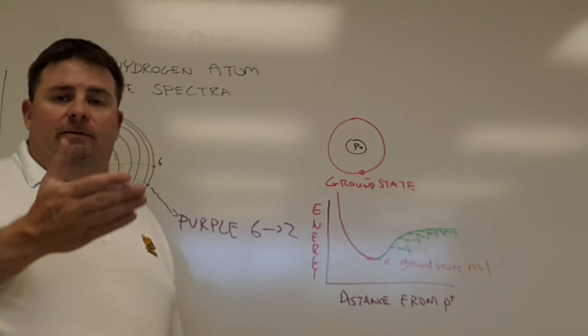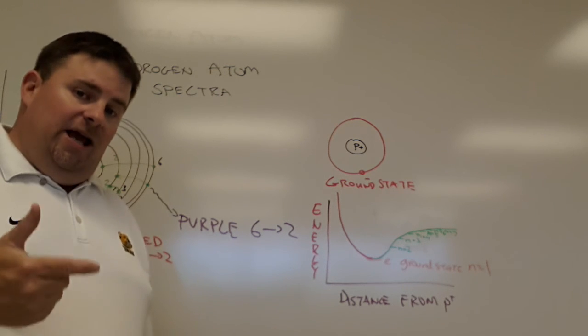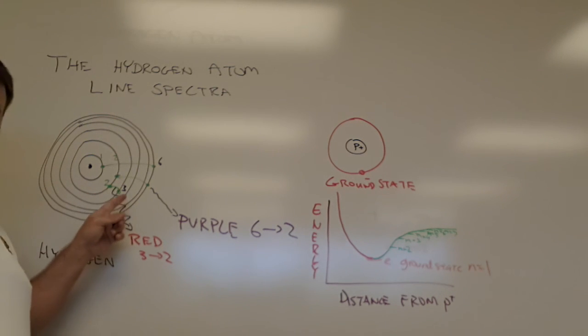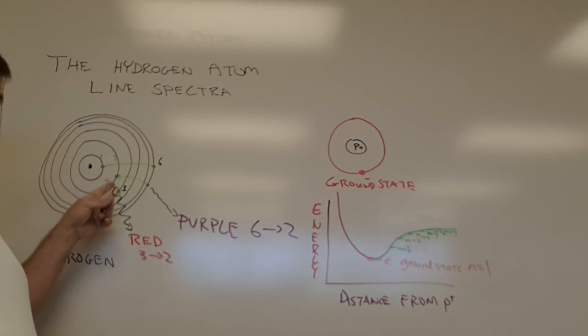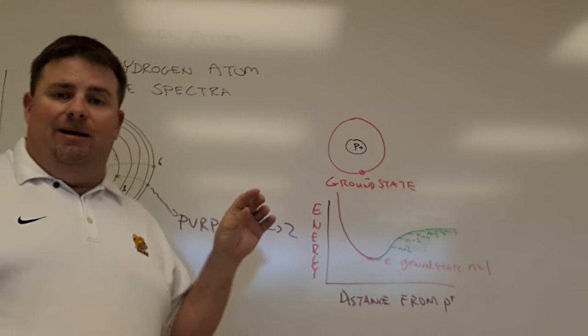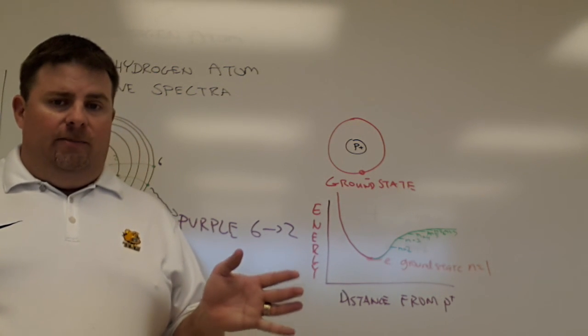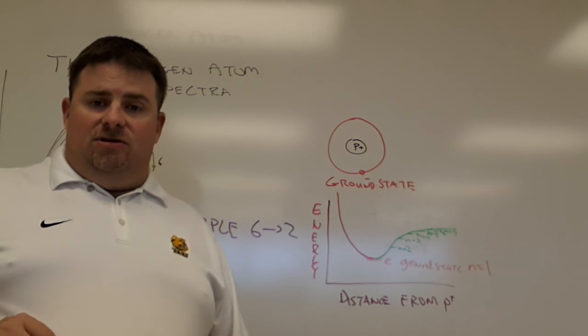It's not a ramping process. It's a specific amount of energy. Okay? If I use half the energy to go from 2 to 3, the electron's not going to go to 2.5. Nothing's going to happen. The electron's going to ignore it until it hits that magic spot that pushes the electron from 2 to 3. That's the quantum amount. Now let's look at the math that's associated with this.